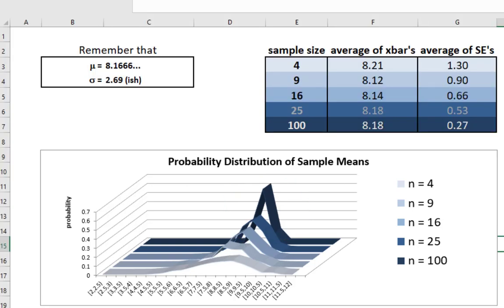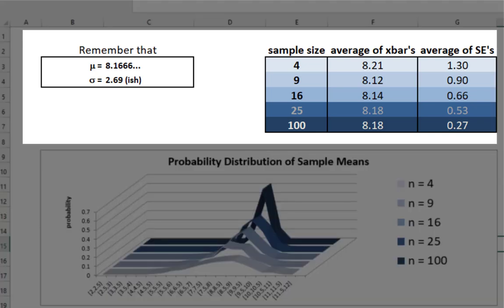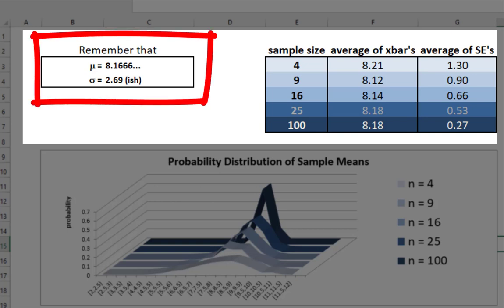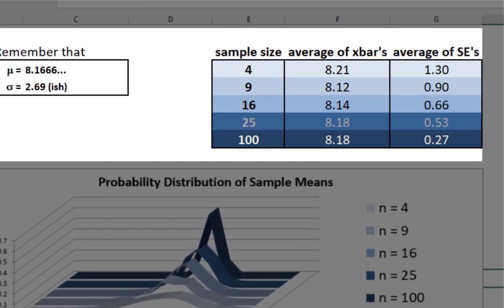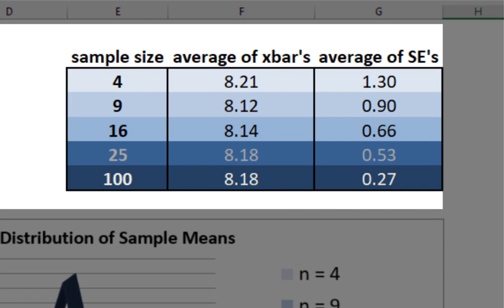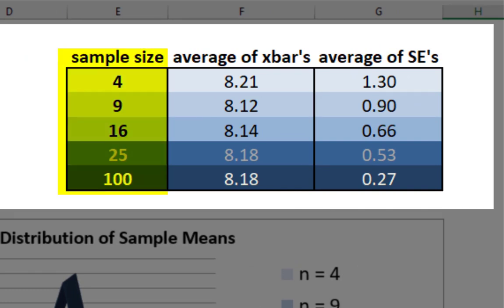Now, let's leave the graphs alone for a second and look at the top part of the spreadsheet. There you've got the average and the standard deviation from the population. We never know those, but as statisticians, we want to know those. I'm going to keep those there just for reference. What I want you to focus on now is the sample size column in column E, 4, 9, 16, 25, and 100.